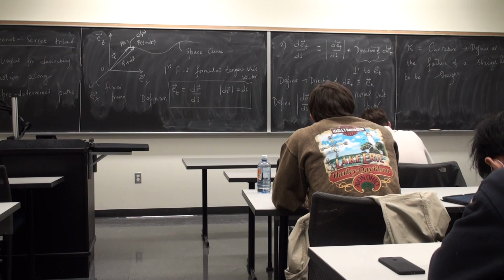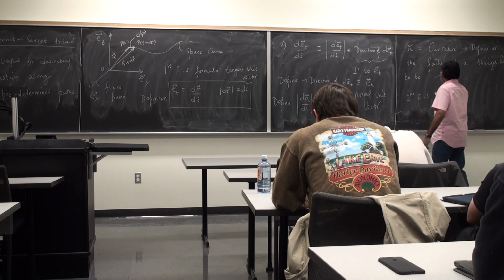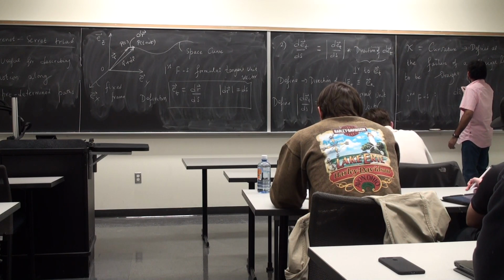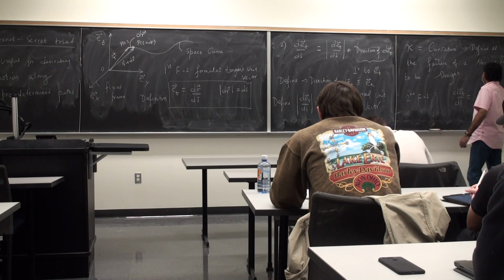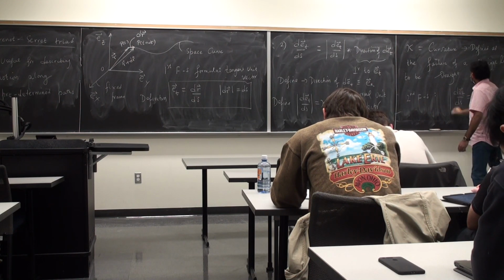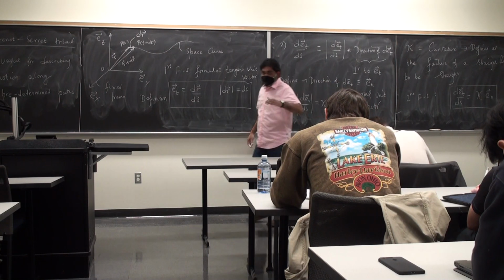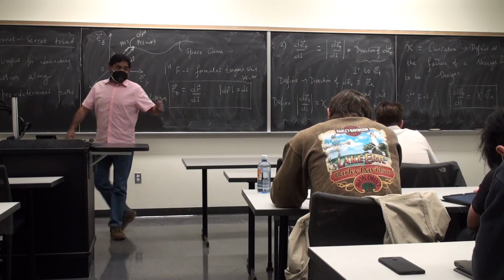And so we have the second formula: det by ds is kappa en. If kappa is 0, it's a straight line. If kappa is non-zero, it is not a straight line.